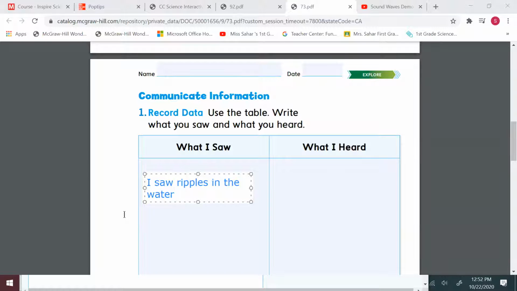So this is what we saw. Okay, what did we hear? All right. We heard a humming sound, right? So you say, I heard the humming sound.